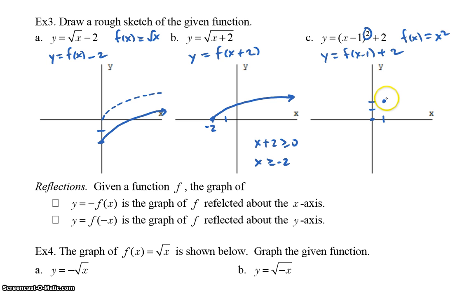And then you'll have that parabola that we saw in the previous section, the squaring function, looks exactly the same, but shifted 2 units up and 1 unit to the right. So you can have multiple transformations applied within the same equation.